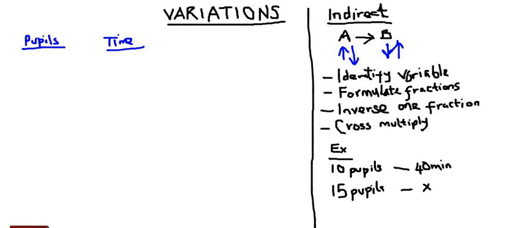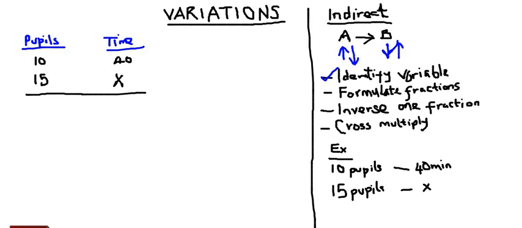So the initial condition is that we are starting with 10 pupils who are spending 40 minutes to clean a room. Now, if we increase the number of pupils to 15, then how much time will they spend? So that is the information. We have identified the variables: pupils and time.